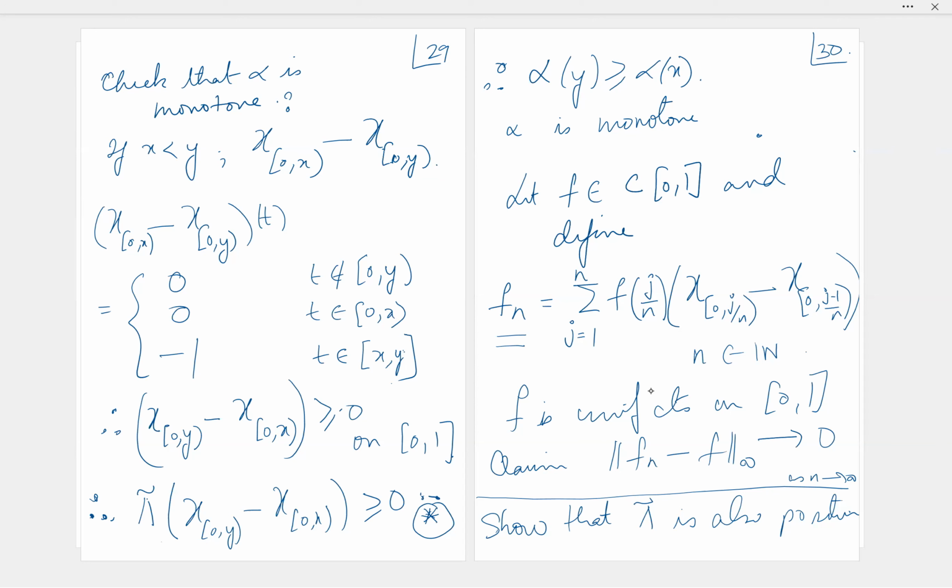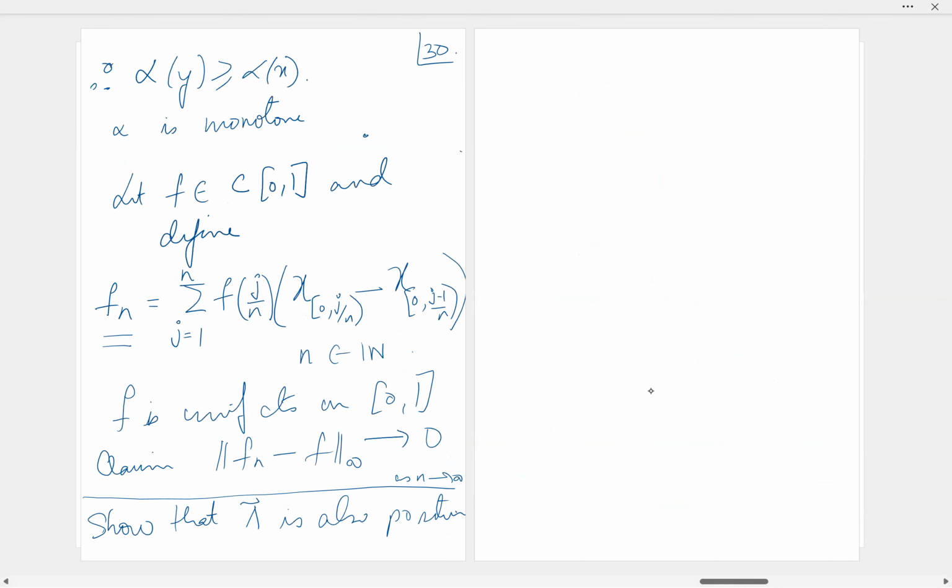Can you see why? Is it easy to see? You have to use the uniform continuity of F. Maybe I write this.